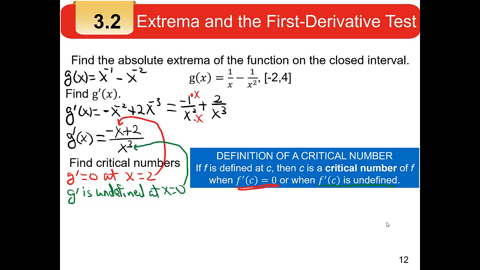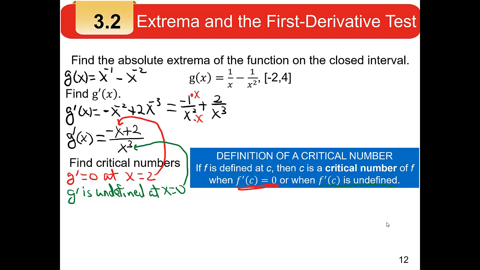Bottom line is, when you've got a simple fraction, to find your critical numbers, you set the numerator equal to 0 and you set the denominator equal to 0. Simple idea. If you can get that written as a simple fraction, that's the best way to do it, because you can make this simple distinction. Numerator equal to 0 gives you the places where the derivative is 0. Denominator equal to 0 gives you the values where the derivative is undefined.